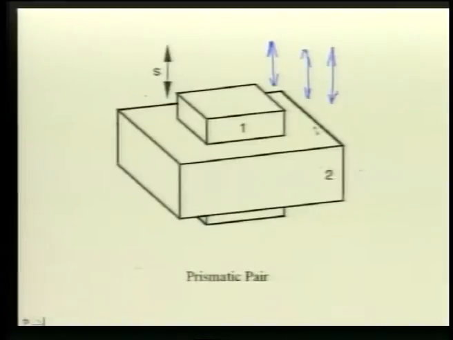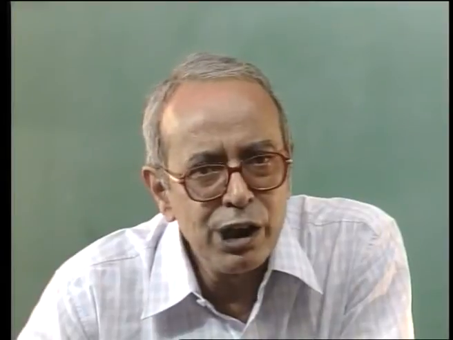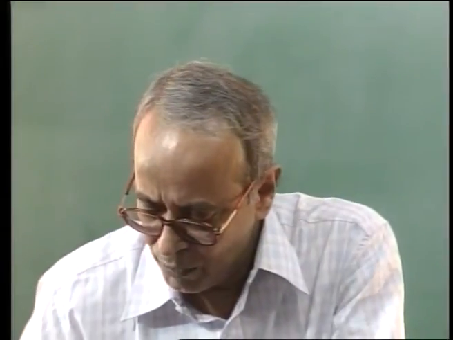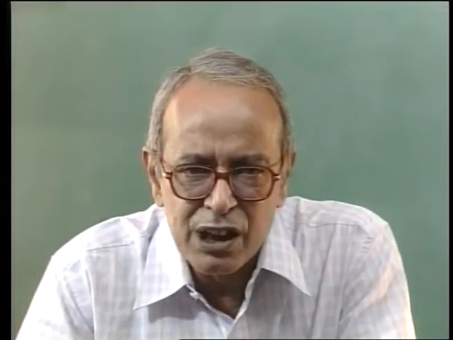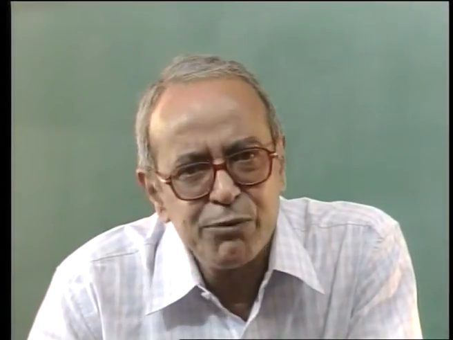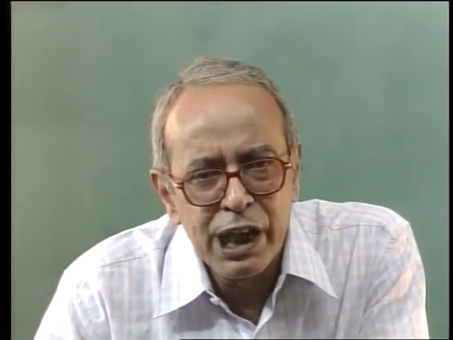At this stage, I would like to emphasize that these two diagrams are only schematic. For example, a revolute pair can be constructed by a bearing between the shaft and the foundation. So, the physical construction of a revolute pair can be very different, because that bearing also allows a rotation about a fixed axis.